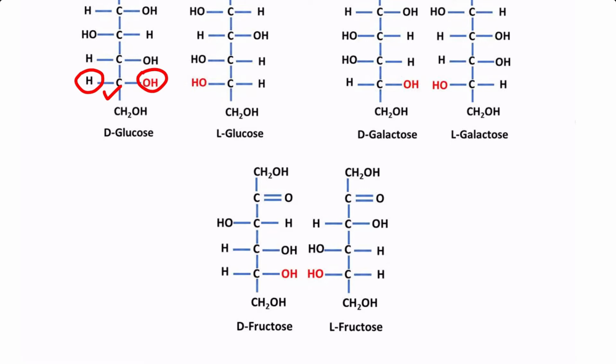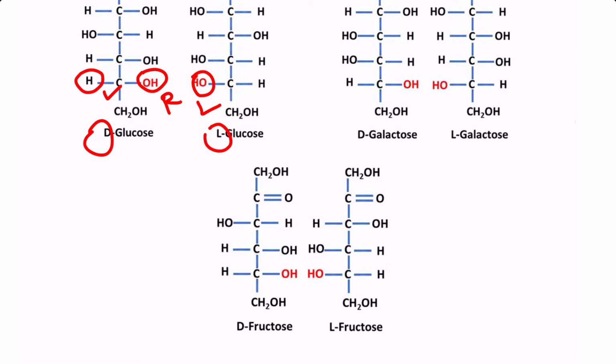If the OH group is on the right side, the sugar is D isomer, and if it is on the left side, the sugar is L isomer.